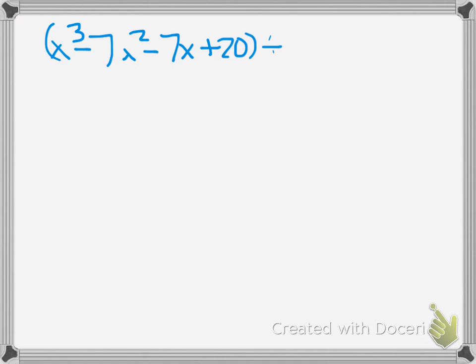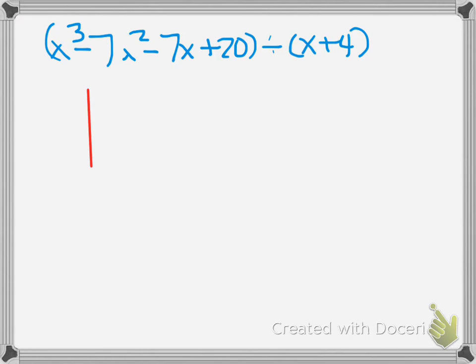Let's do another one of these synthetic divisions to show you how we're doing. Let's go with x cubed minus 7x squared minus 7x plus 20, and we'll divide it by x plus 4.